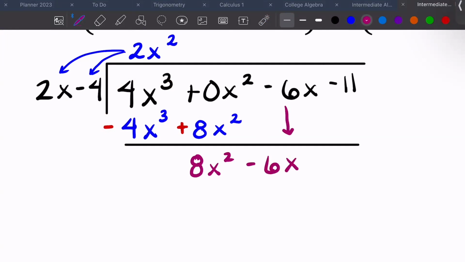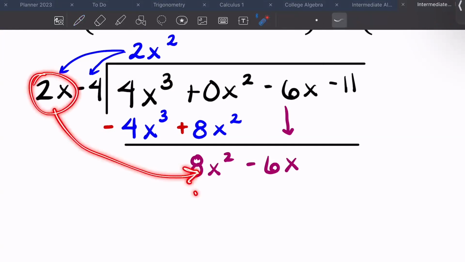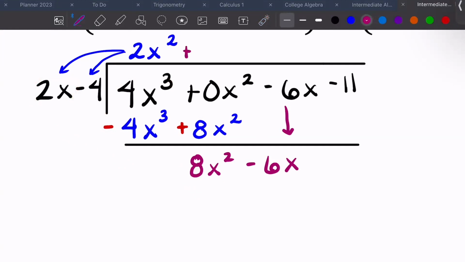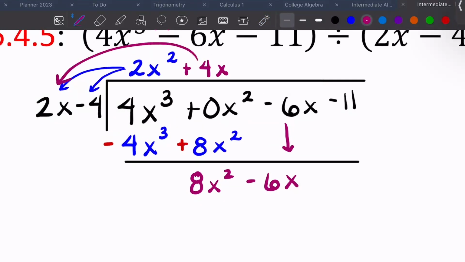We're going to match 2x and 8x squared. If I need that, I'm going to multiply by 4x. So we get 8x squared minus 16x.